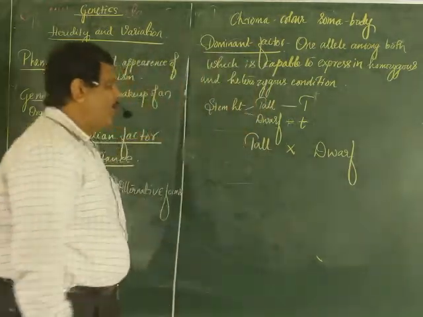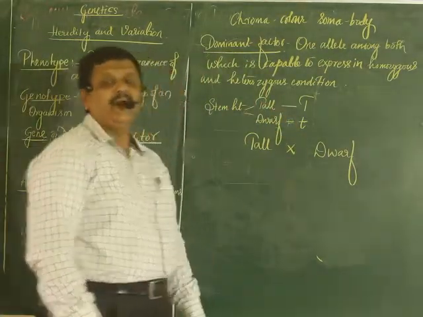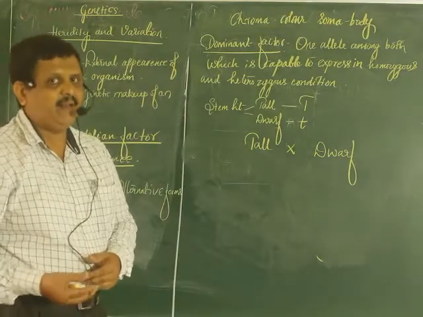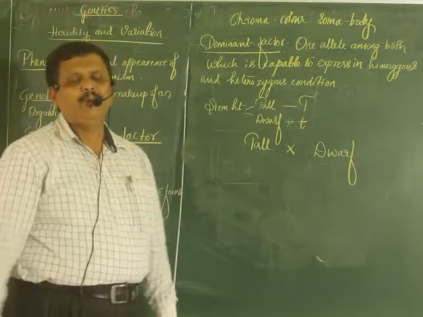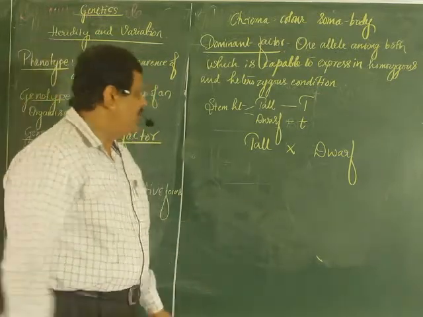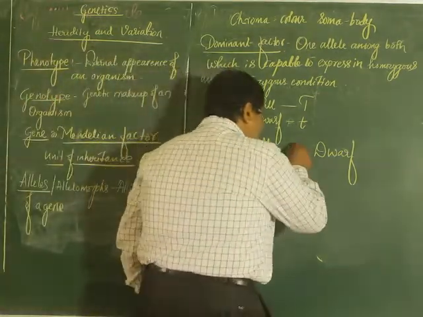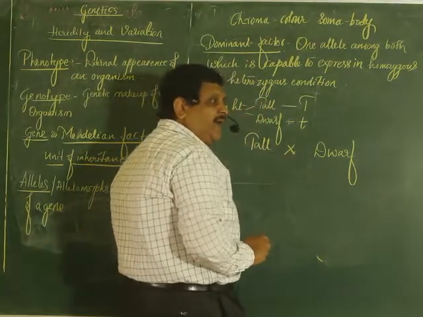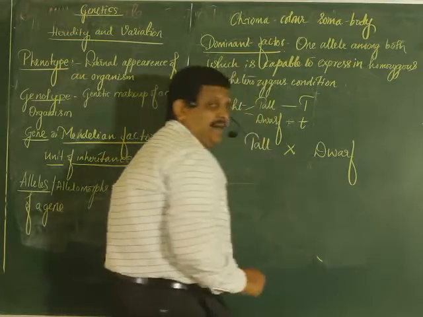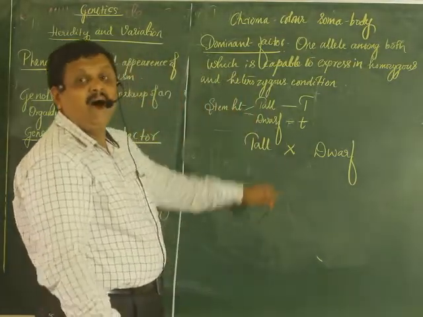Earlier he did not know about this capital T, small t, giving those symbols. He simply took one tall pea plant and a dwarf pea plant and crossed both. He expected a medium-sized plant in the next generation.